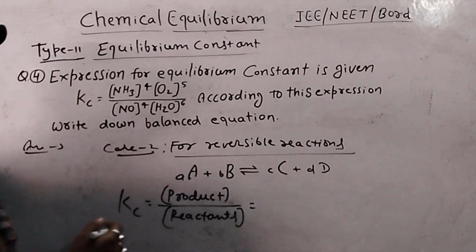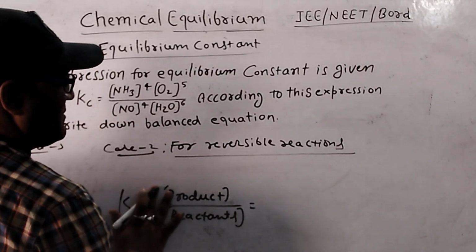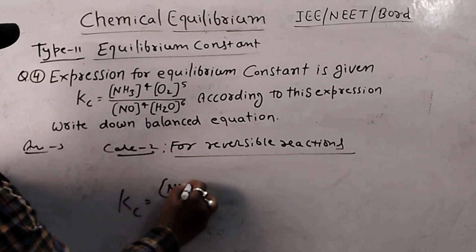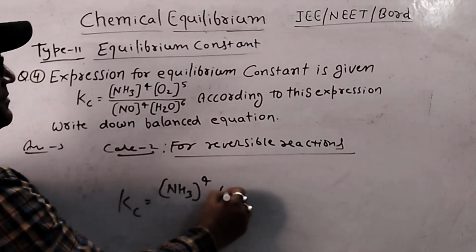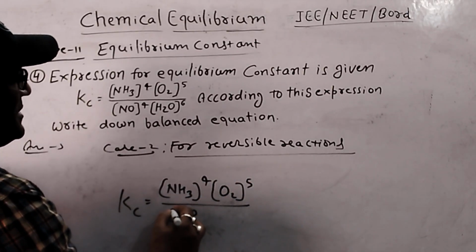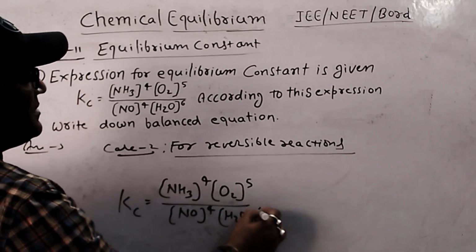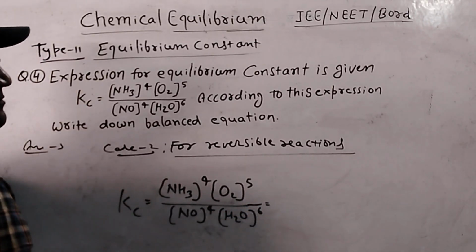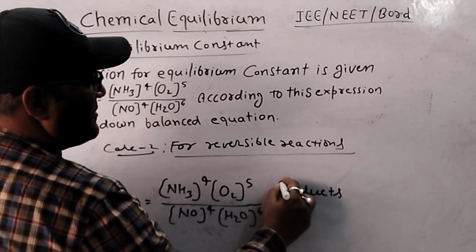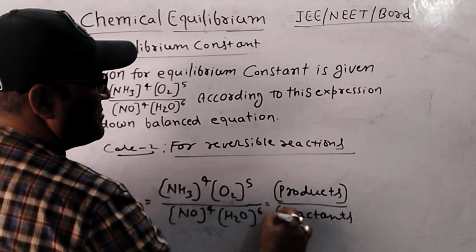Okay, we can write here Kc. In the question, Kc is NH3 in terms of concentration power 4, O2 power 5, NO in terms of concentration power 4, H2O power 6. Now the formula is concentration of products by concentration of reactants.